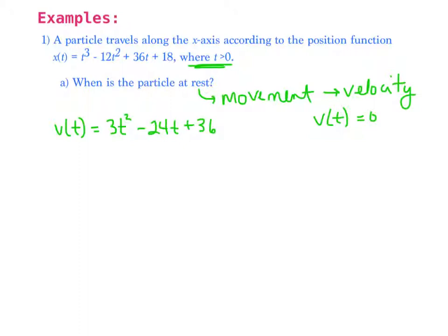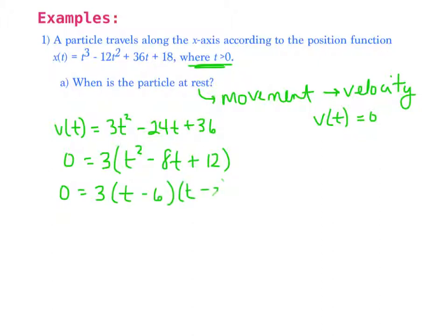So we're going to set this velocity function equal to 0, and I'm going to have to solve this, so I'm going to start factoring. I'm going to pull out a 3, which is obviously a GCF, and then I should be able to easily factor that into t minus 6 and t minus 2. So I get times of 6 and 2.